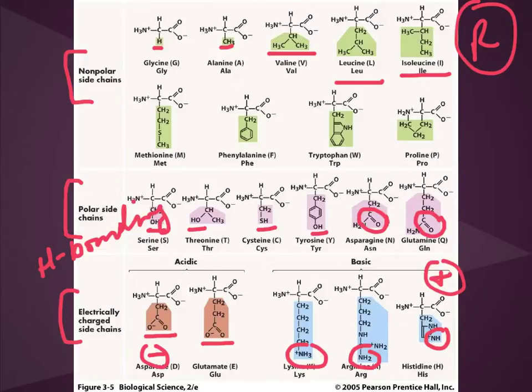And when we have a positively charged side group coming into contact with a negatively charged R group, we're going to have some kind of ionic interaction, because two ions of opposite charges will attract one another. So we can now understand why amino acids would ever want to bond with one another, and as a result we can understand then why proteins might fold because of the interactions between and among the amino acids.